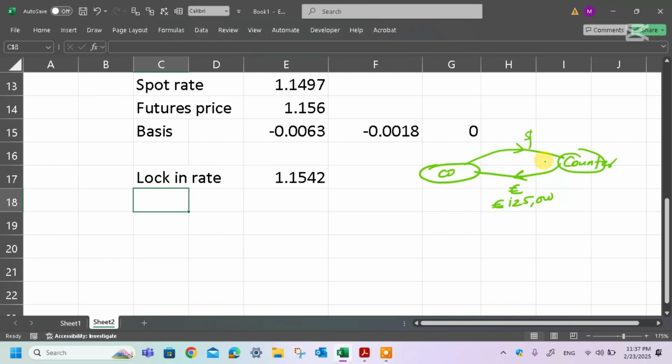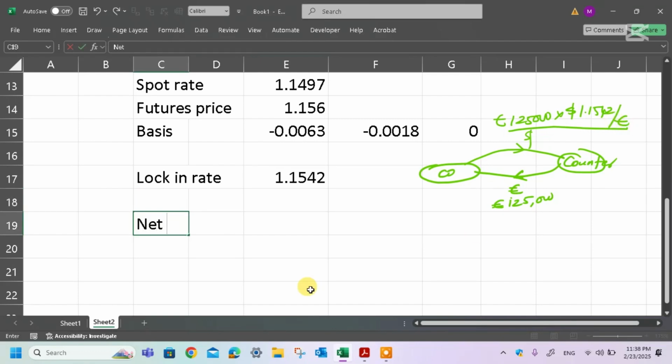For that, how many dollars you have to give? 125,000 euro multiplied by lock-in rate. Effectively, that's going to be the lock-in rate, 1.1542 per euro. Euro cancels, you get dollars. This is one contract. Similarly, we have 146 contracts. So if I ask you how much is the cost for your company, this amount multiplied by 146 contracts.